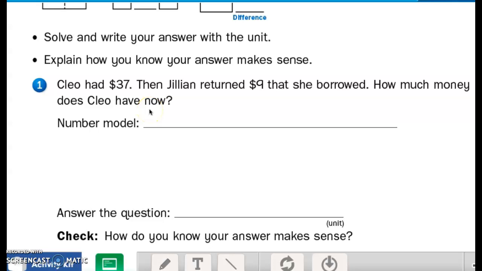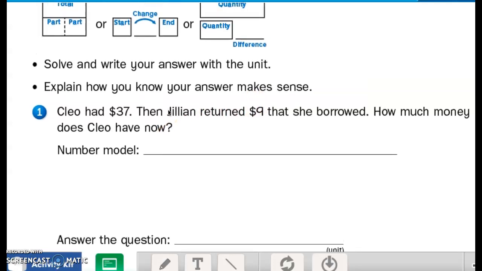Now the clue word is how much does she have now after her friend gave her $9. So what we're going to do is I would say we're going to add. I'm going to try to type this right up here. It's not always easy to type this, so just bear with me.